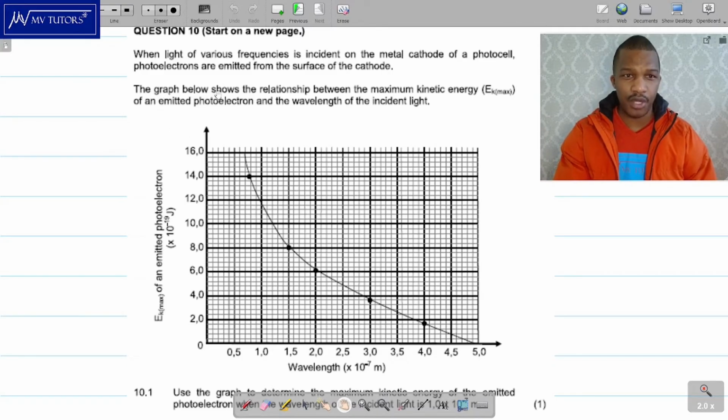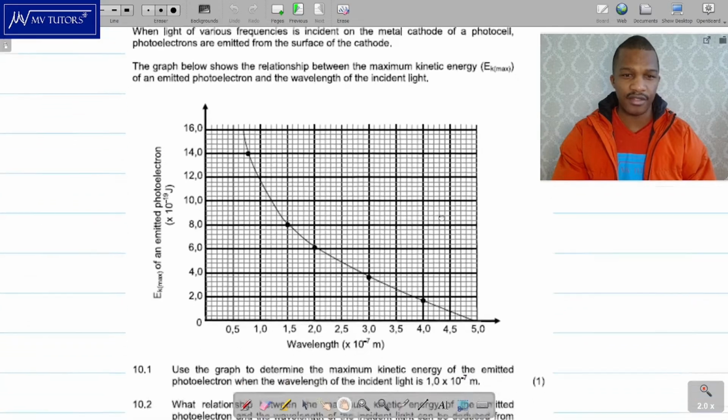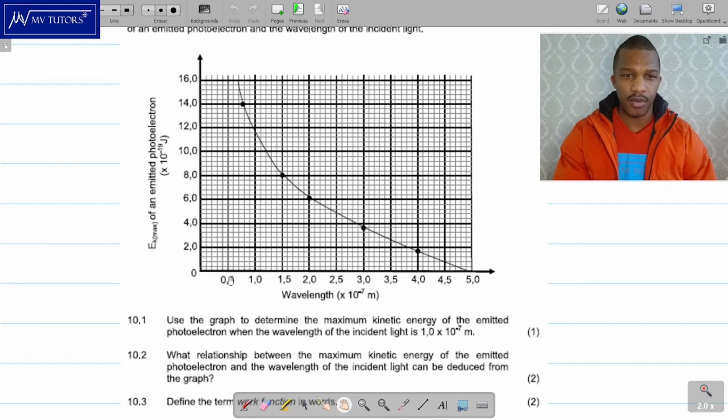The graph below shows the relationship between the maximum kinetic energy of an emitted photoelectron and the wavelength of the incident light. Okay, so let's see. The wavelength is on the x-axis, and it looks like the kinetic energy is on the y-axis.